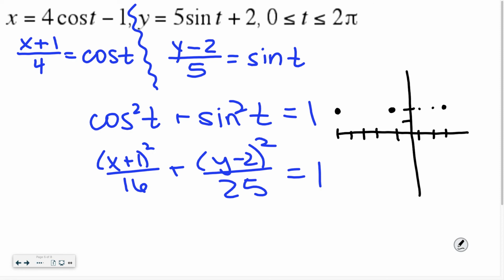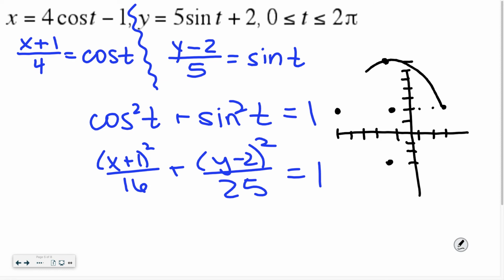And then the other one's 5. This is a squared and this is b squared, right? All you really need to know is that this gives you the horizontal distance from the center, and this gives you the vertical distance from the center once you square root it. Yes.